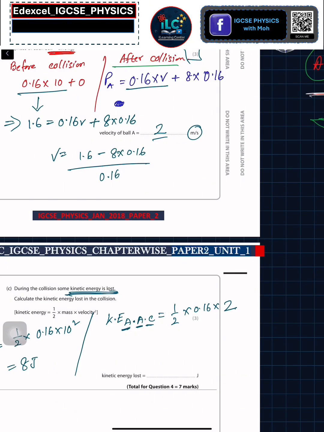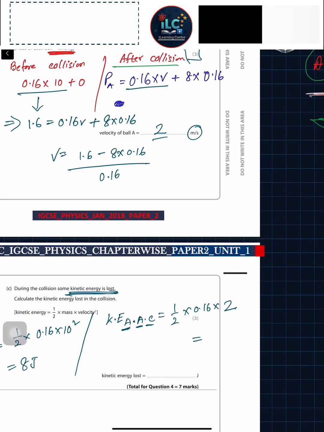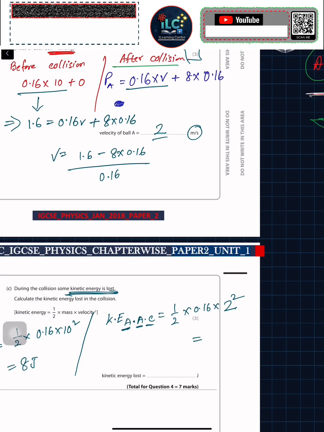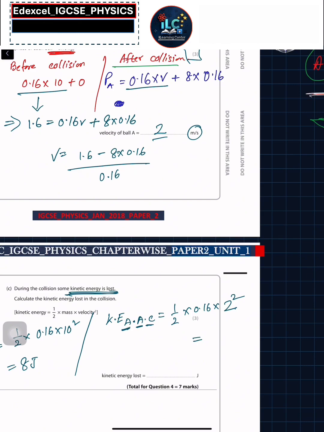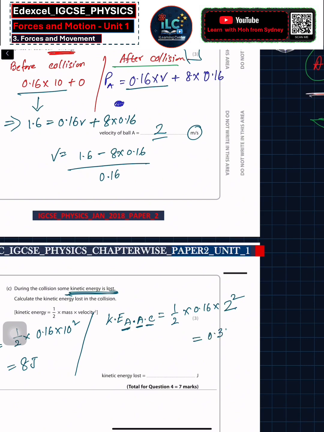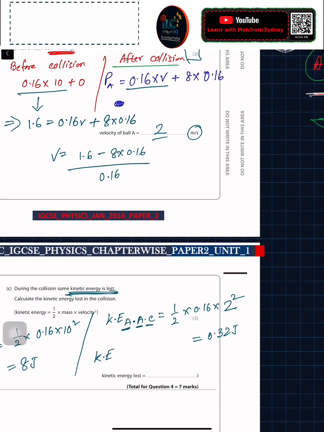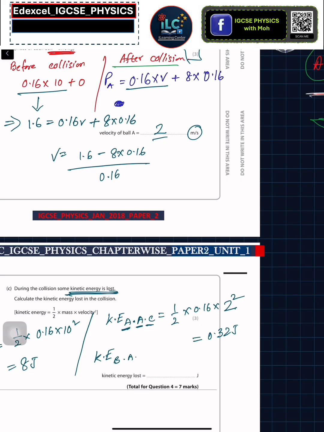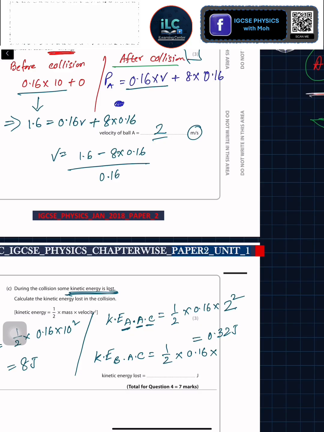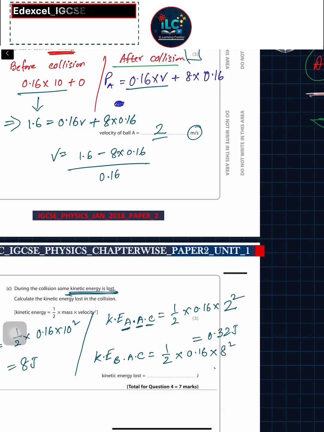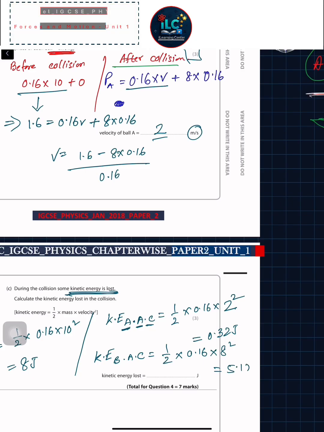Another mistake that I spotted, it should be squared. So this is 0.32 joules, kinetic energy of A after collision. The kinetic energy of B after collision should be half times 0.16 times 8 squared, and if I do the calculation, this is equal to 5.12.